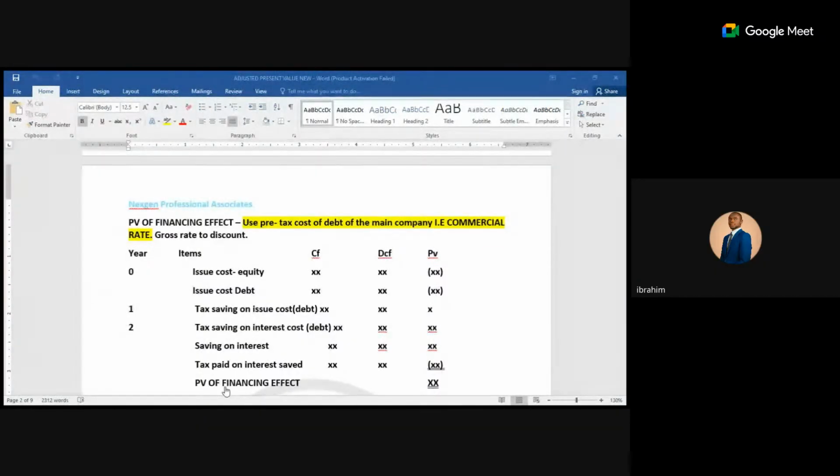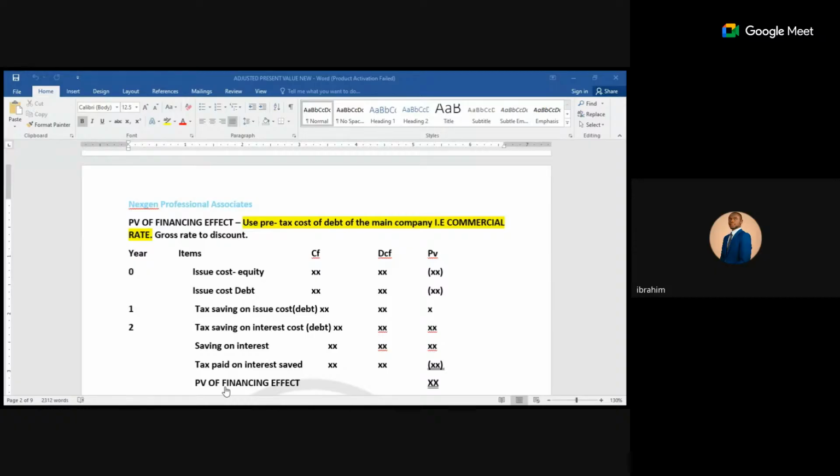And the examiner may state in the question that tax is allowable on issue costs on debt, or tax is allowable on issue costs on debt and equity. Fine. But when the examiner is silent about the tax savings on issue costs, you can assume it to be on the commercial debt, or the two debts given to you, if the company wants to finance the project entirely by debt, which is the cheap loan and the commercial.